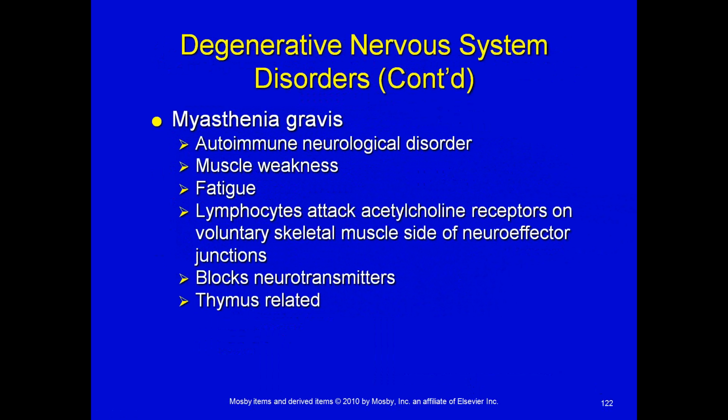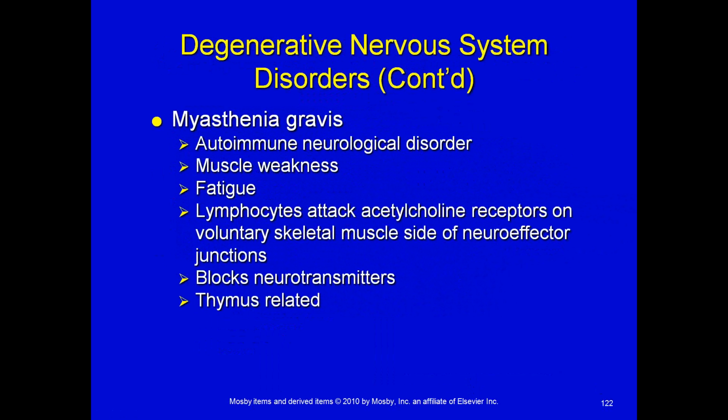Myasthenia gravis, an autoimmune disorder, causes muscle weakness and fatigue. The lymphocytes attack the acetylcholine receptors on the voluntary skeletal muscles and block those neurotransmitters. Myasthenia gravis is related to the thymus.